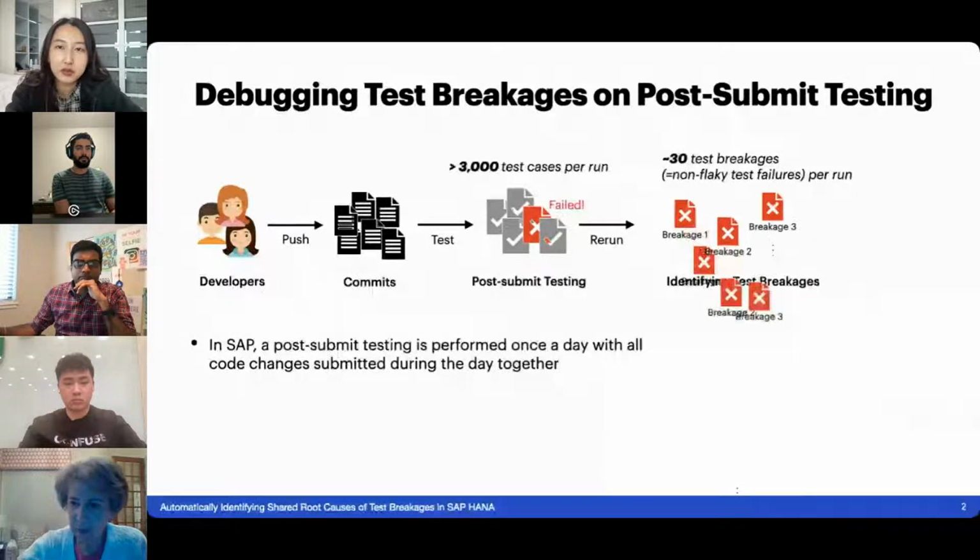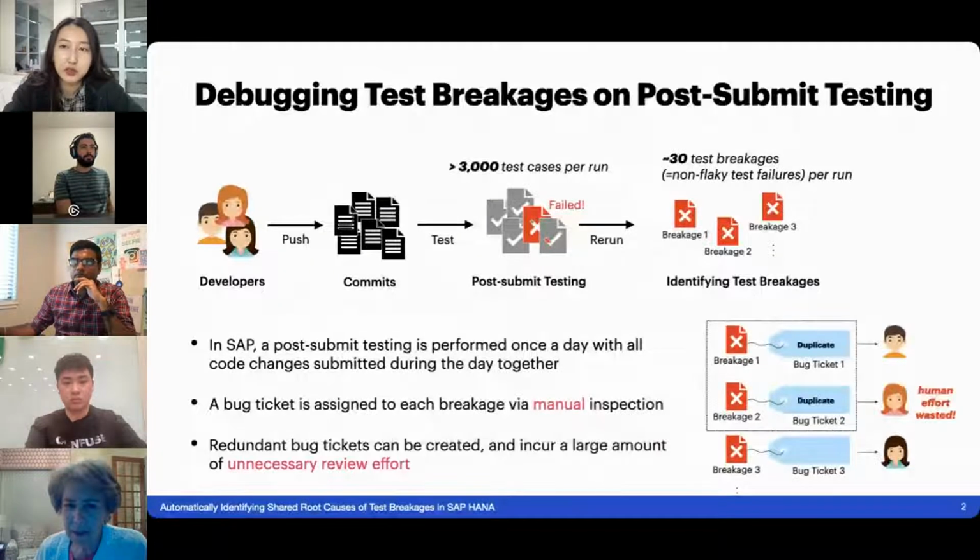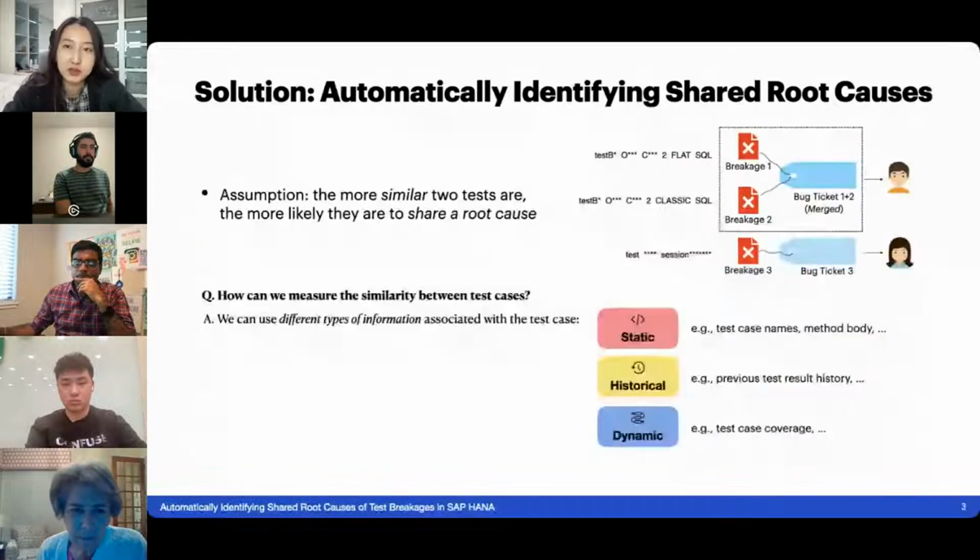And after the test breakages are identified, a bug ticket is manually assigned to each breakage. But this kind of manual labeling can generate duplicated bug tickets, resulting in unnecessary review effort.